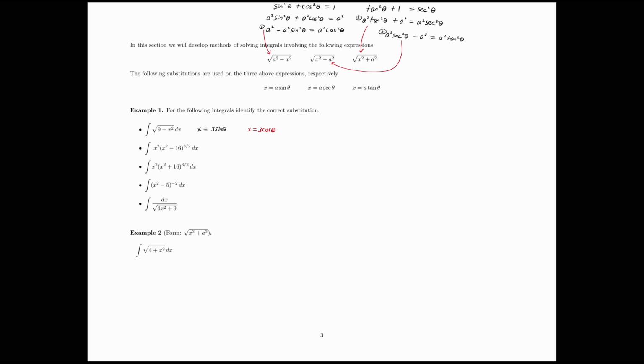There's a reason, though, why we don't choose x equals cosine theta, and it's sort of a petty reason, and it's because when you go to find your differential, which is the very next step, you get a negative. There's nothing wrong with a negative, but if you can choose two equally effective substitutions, why would you pick the one that introduces this negative?